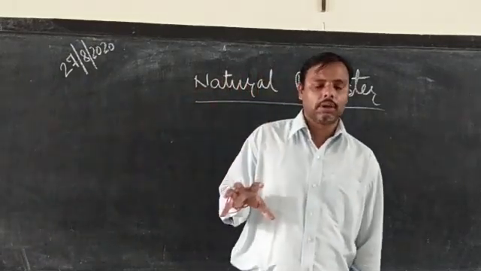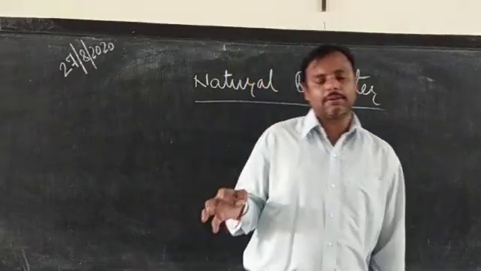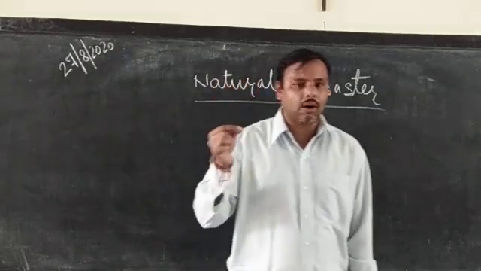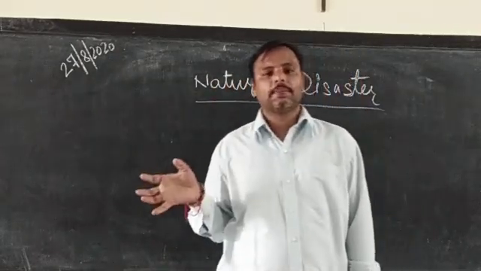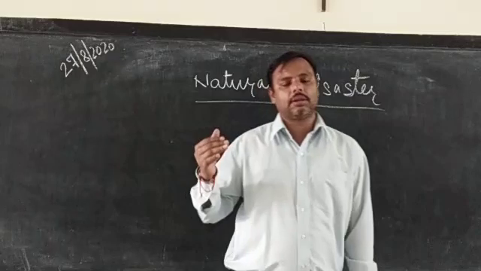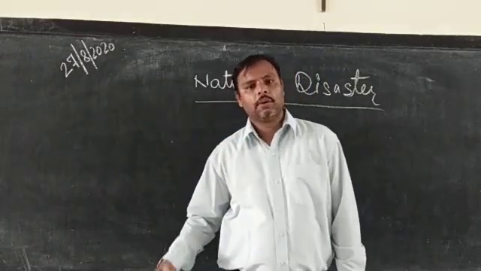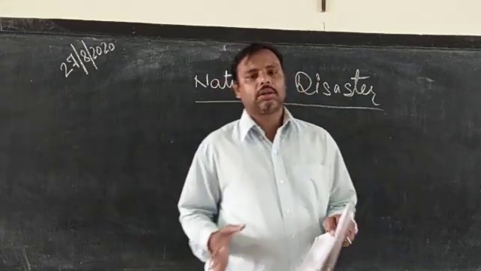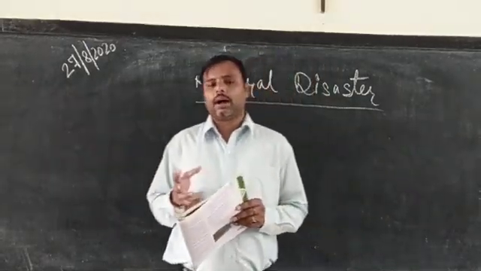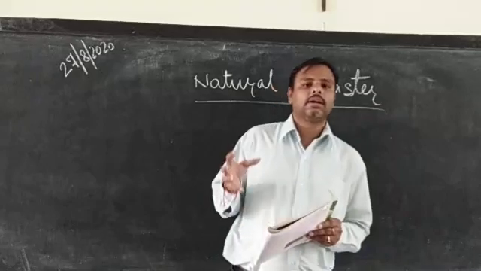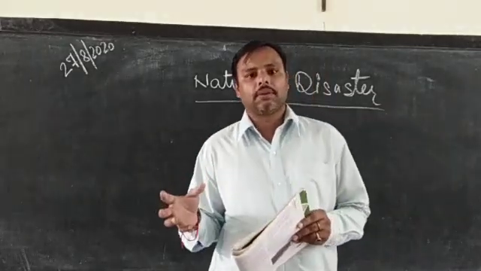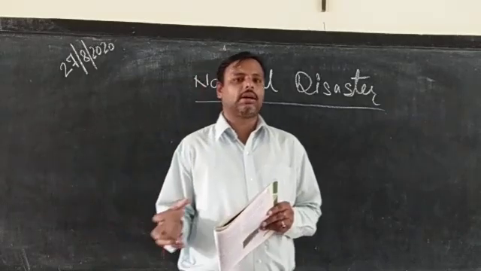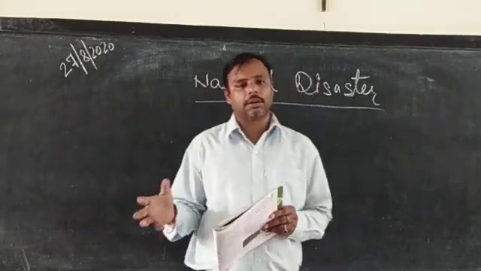On record, if you go below the earth 32 meters, the temperature rises by 1 degree. You can imagine what sort of temperature there will be if you go 100 meters below. That is why beneath the earth there is a heavy amount of pressure and a rise in temperature, which makes it difficult for human beings to survive beneath the earth.